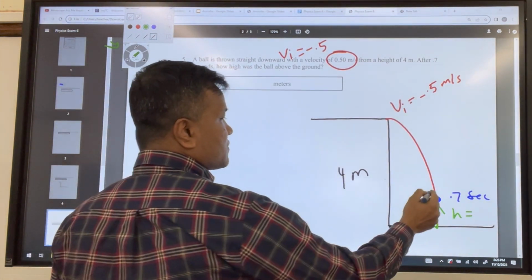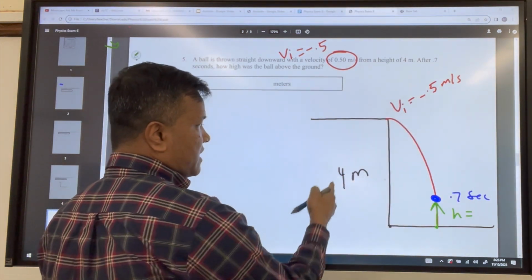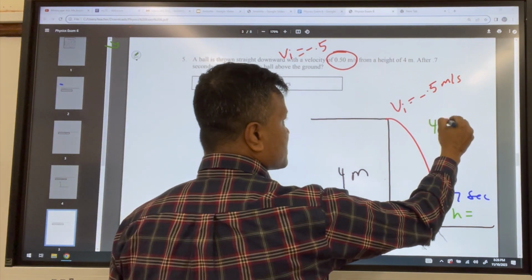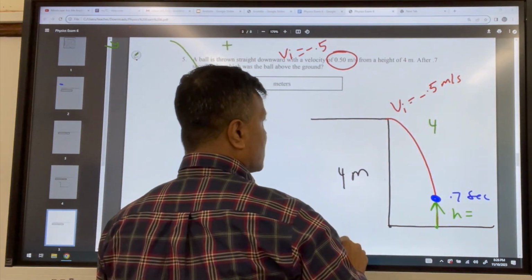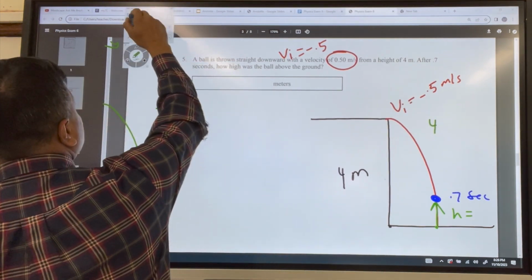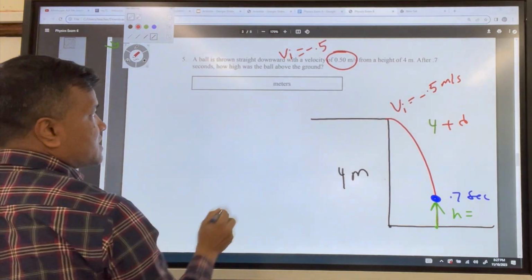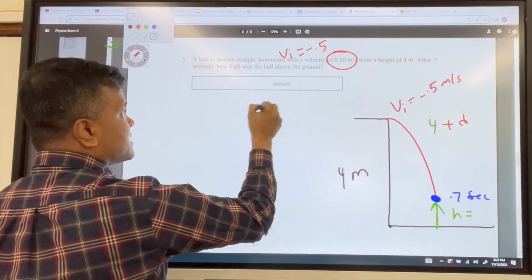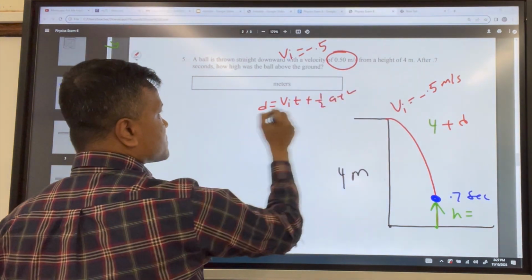To find this, I need to find the length of this red, which I can call d. So the height is 4 plus d. What is d? D is pretty simple. D is Vi t plus half a t squared.